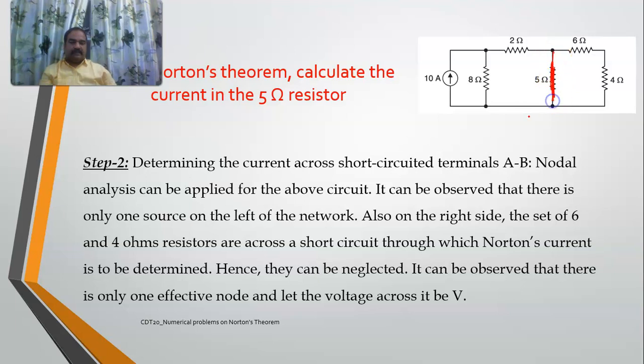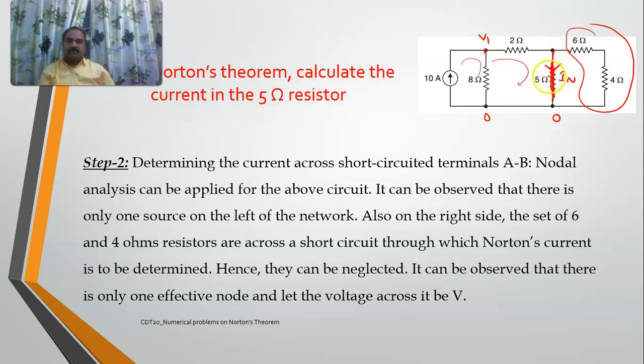So now you can apply any of the nodal analysis or mesh analysis here. See, I need current in this one. This is going to be my IN. So I'll take this as 0. This I'll take as V1. If you want, you can take it as 0. But try to remember one thing. If this is short circuited and if the current is flowing in this way, then since it is short circuited, no current will be flowing in this one.